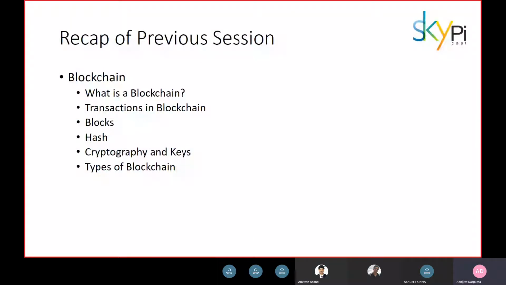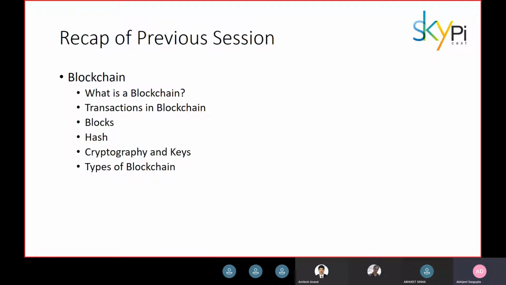So let's do a quick recap of what we discussed in our previous session. We discussed what a blockchain is, what blockchain technology is, different types of transactions and how to do transactions in blockchain. What is the life cycle of a transaction in blockchain? What do we mean by blocks? What are hashes?